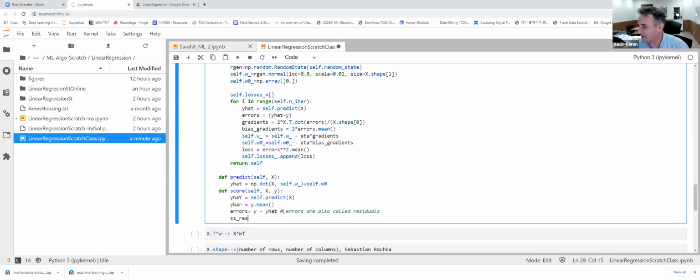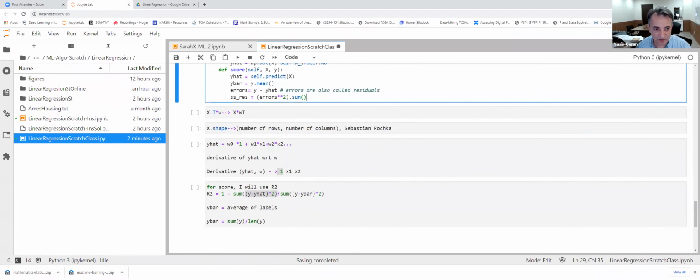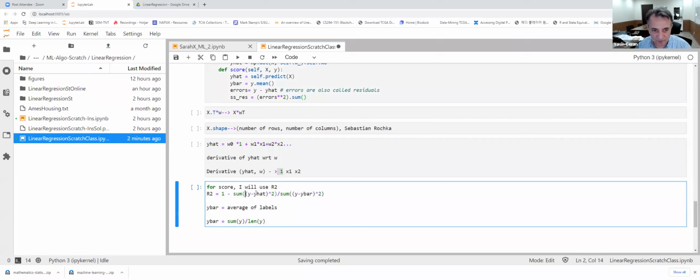Otherwise, errors or residuals are the same thing. It is nothing but errors squared, and then add them up. First take the squared and then add them up. Right here, summation of this squared.